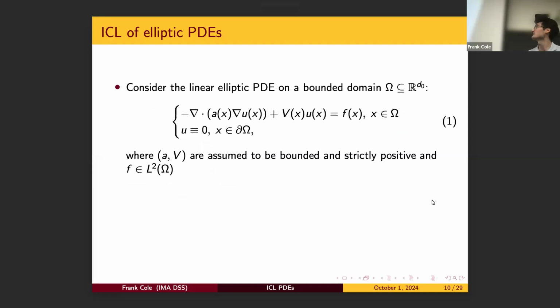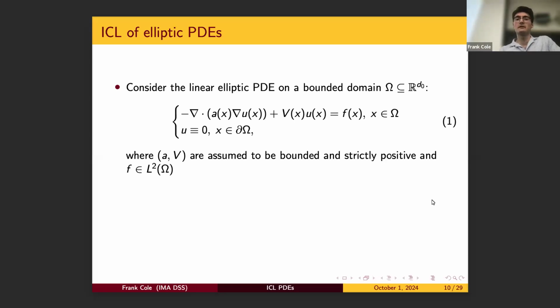So as a test case, we consider an in-context learning problem defined by this family of linear elliptic PDEs. The solution operator that maps the right-hand side f to the solution u is parameterized by these 2 functions, in this case, the diffusion coefficient a and a potential function v.